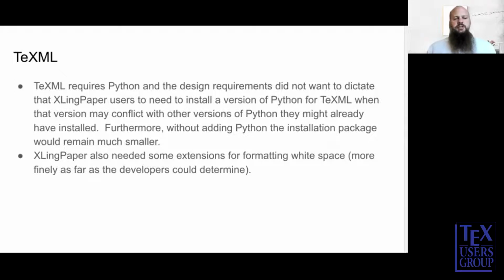In addition to that, there were some technical issues: XLingPaper needed some extensions for formatting white space more finely than what appeared to be available through the TeXML options. So Andy did implement certain mapping using Java, because XMLmind is written in Java and the core of the plugin is written in Java.